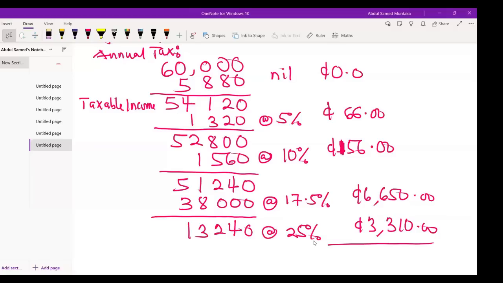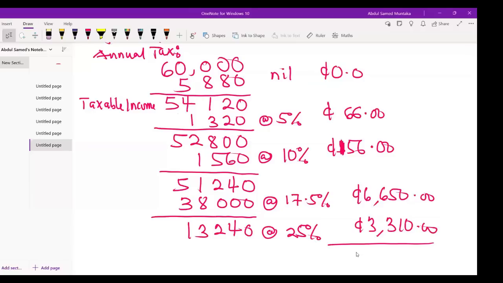Now you are going to add all the taxes. So you have 3,310 plus 6,650 plus 156 plus 66.